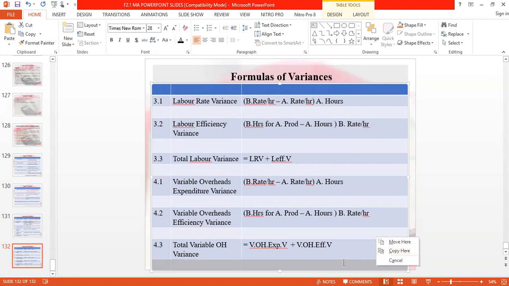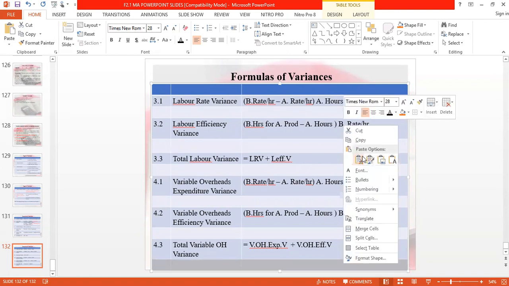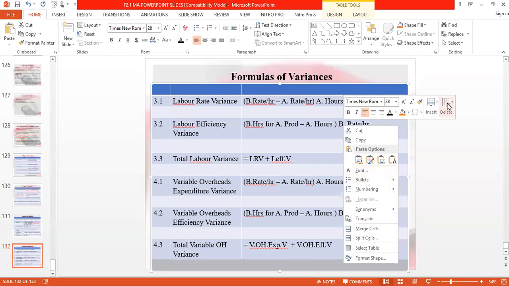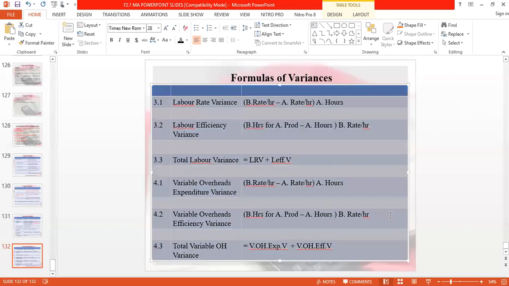So that is category 4 of variances. We are almost there, don't worry.